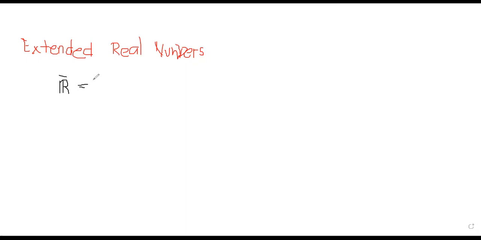This will be equal to the set of real numbers union the elements negative infinity and positive infinity. Take note that negative infinity and positive infinity are not numbers, but they represent the lowest and the highest number. If we write it as an interval, it is the closed interval from negative infinity to positive infinity.